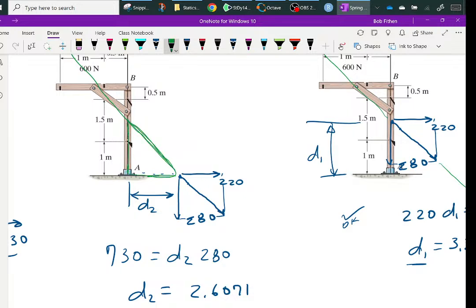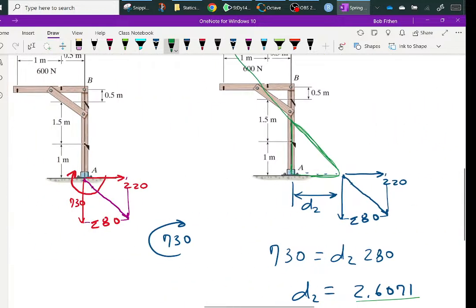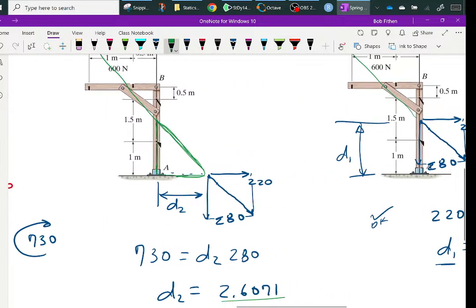I'm going to say, if this is 2.6071, what's the other? First of all, the ratio has to be such that, and actually I should be able to directly figure this out. But let's do it this way.